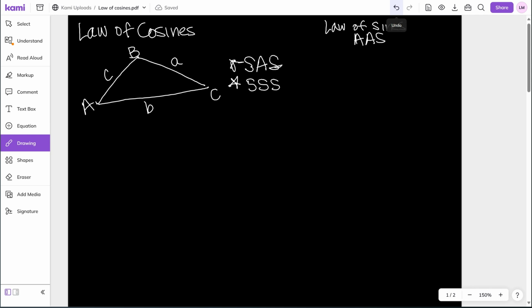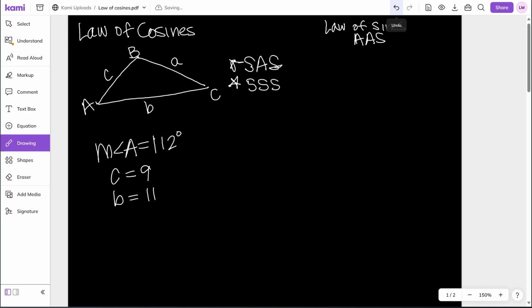Okay, so let's say they give us the measure of angle A is 112 degrees. And C is 9 and B is 11.